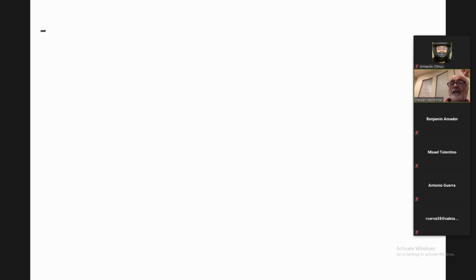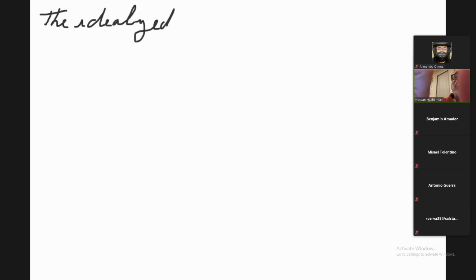All right. What would be the ideal condition for a signalized intersection?